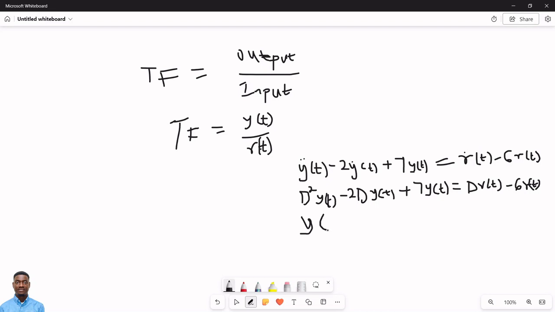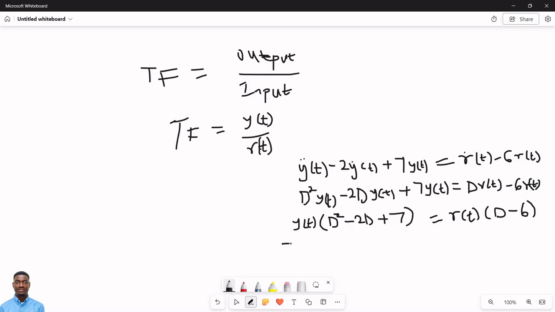If you factorize by y here, we're going to have D squared minus 2D plus 7, times y of t, equals, factorize here by r of t, because r of t is my input, D minus 6.